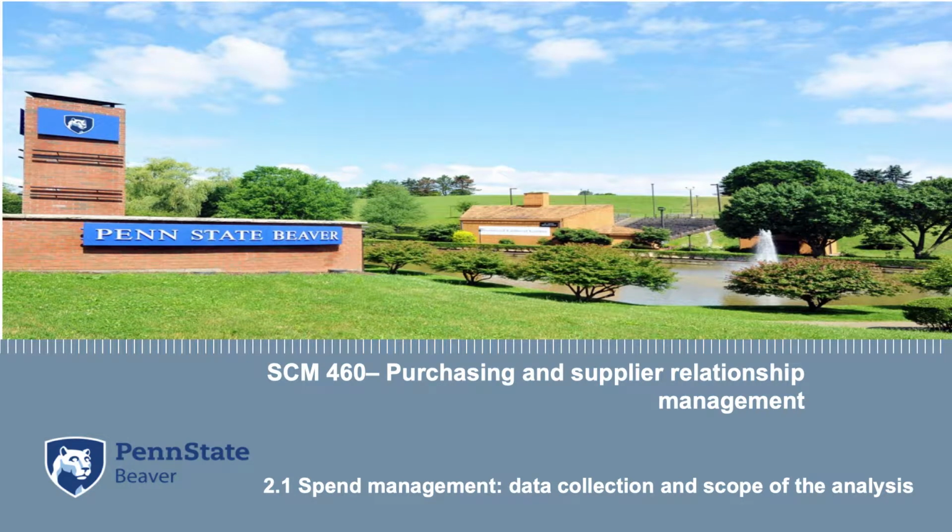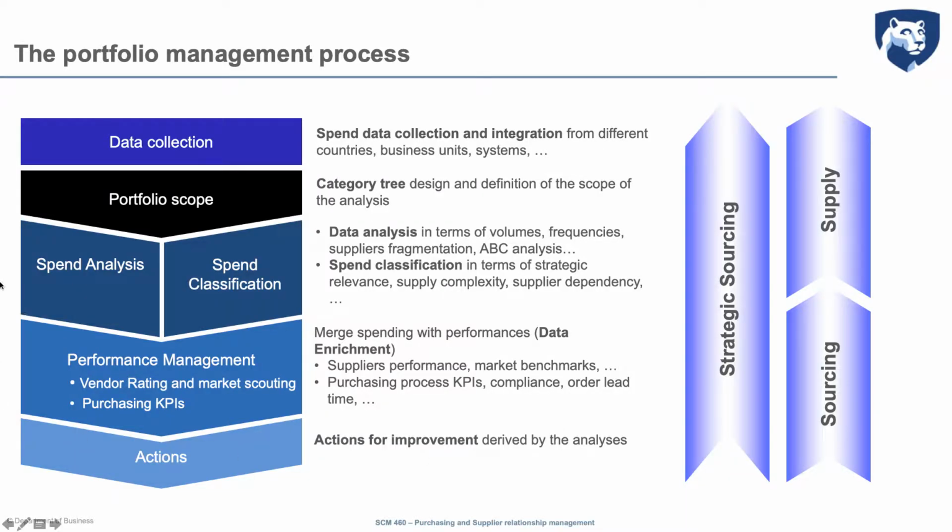So, as a first technical aspect related to purchasing and supply management, we have talked about how to analyze company spending. In particular, in order to introduce this topic, we have seen that we talk about portfolio management.